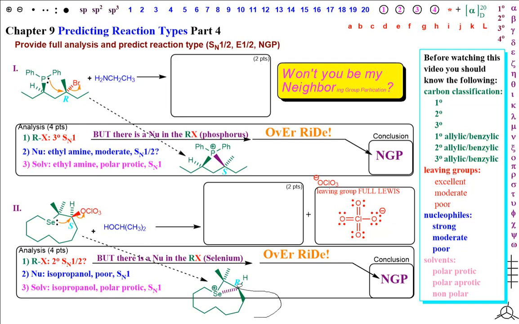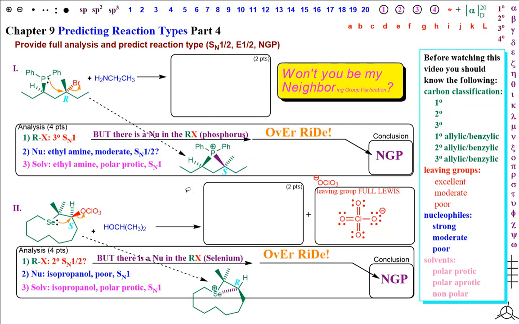It doesn't have 3 carbons attached to it. This one here, there's 3 carbons attached. Backside is more blocked. Up here, we're going to be going for this carbon. That's not even where the leaving group was, because this one is tertiary and this one's secondary.